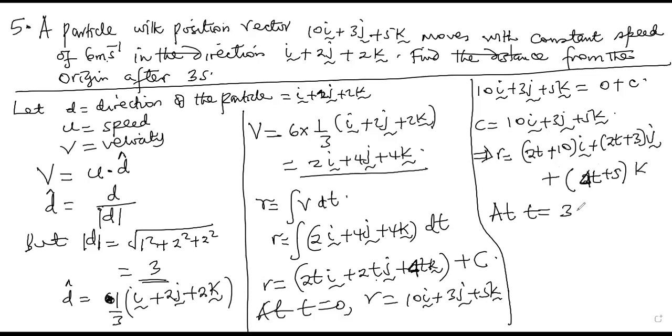Now, at time t equals 3, we shall have our r as, we multiply 3 for t. So this will be 6 plus 10, which is 16i. Plus, this is 6 plus 3.